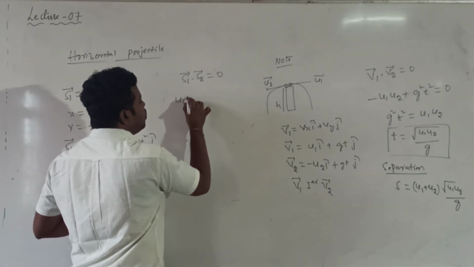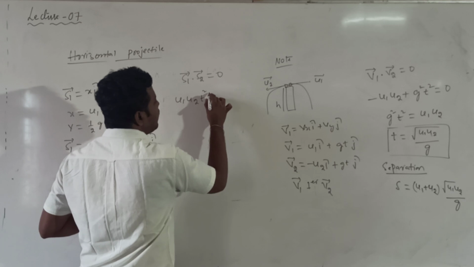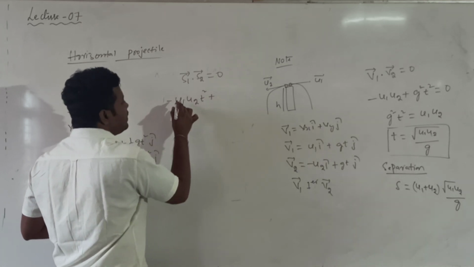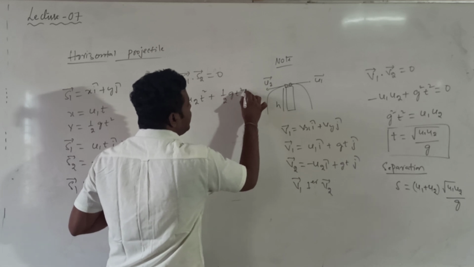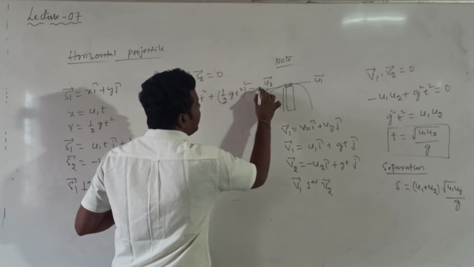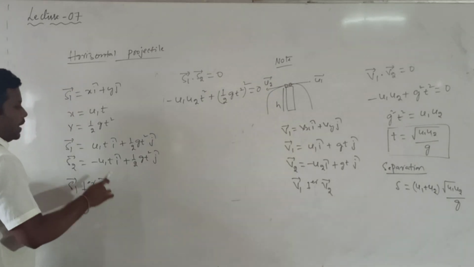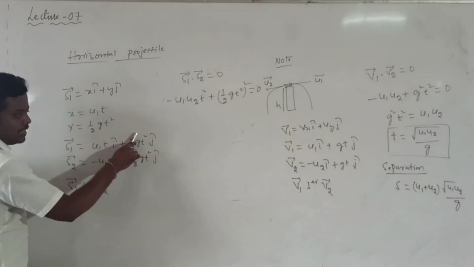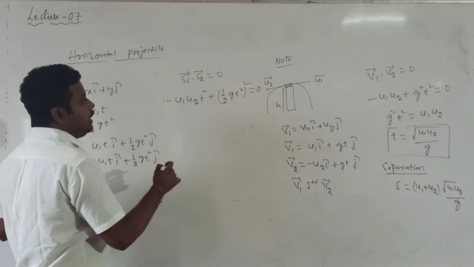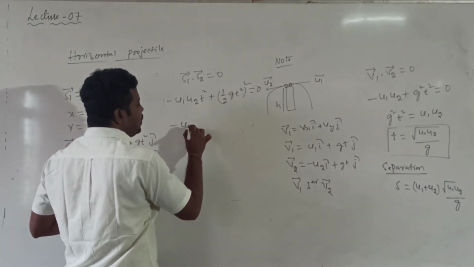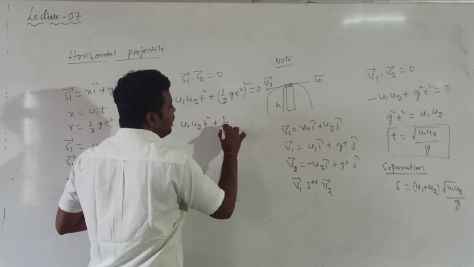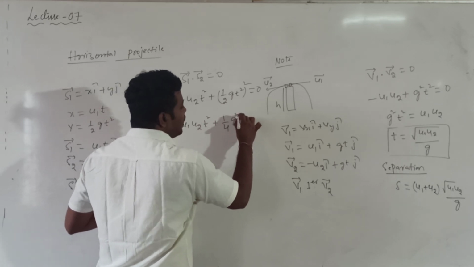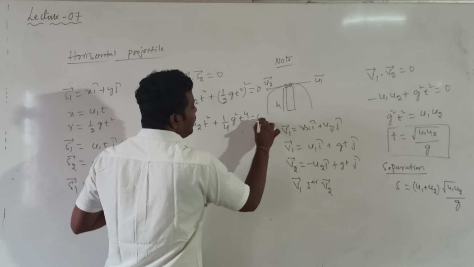So minus u1 u2 into t square plus 1 by 2 into g into t square, whole square, will be equal to 0, because multiply i with i and j with j. So then what I get? Minus of u1 u2 into t square plus 1 by 4 into g square into t power 4 will be equal to 0.